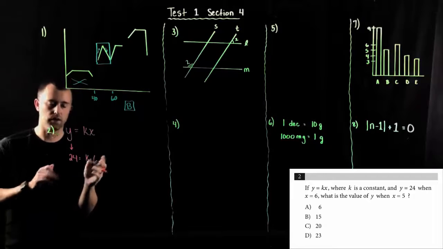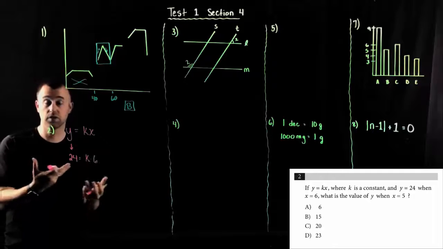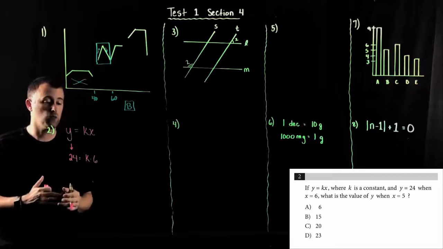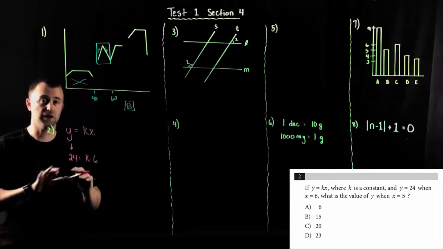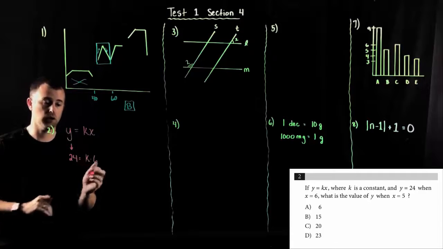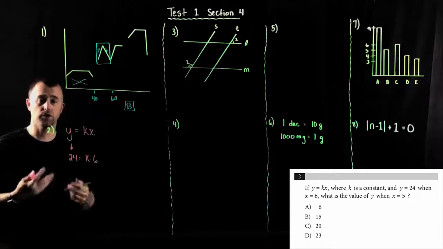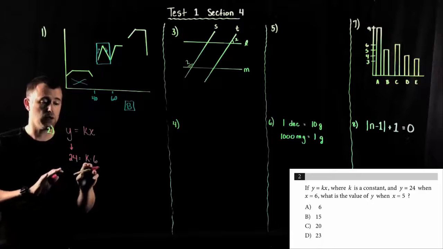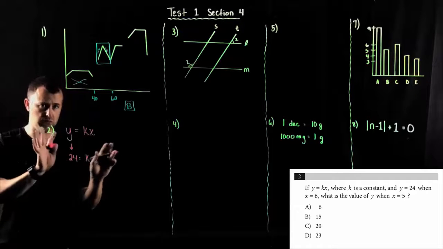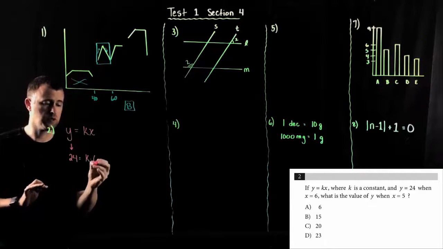Now this k here, all it is, is a constant. It's representative of a rate of change as well. So we're going to solve for this, and once we found it, it stays in our equation. The x and y are variables, so they change over time. Those will be different as we move through this problem, but k will not.